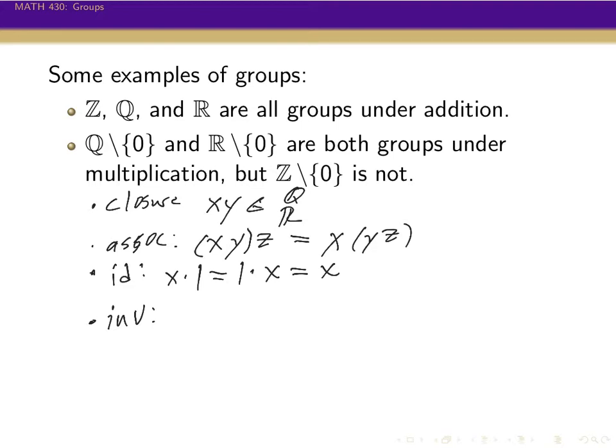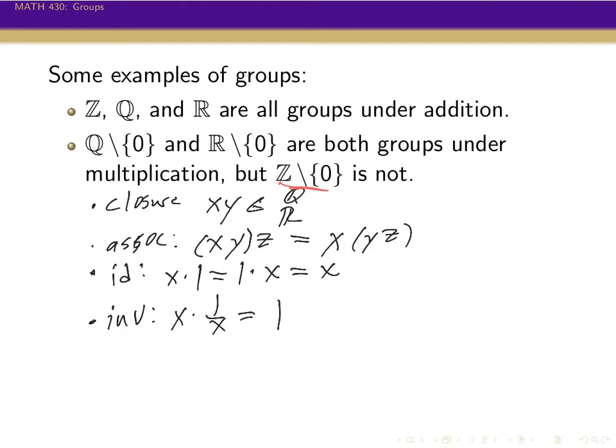And lastly, what are inverses for non-zero rationals or non-zero real numbers with multiplication? Well, I'm going to multiply x by 1 over x. That's going to give me back 1. Right. So why does this work for the rationals and the reals but not the integers?